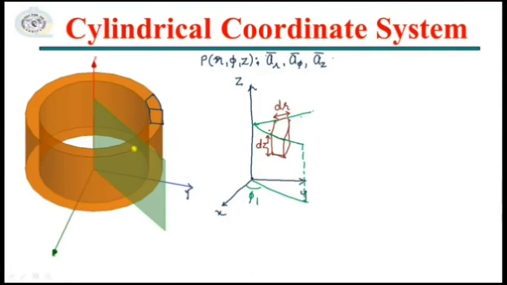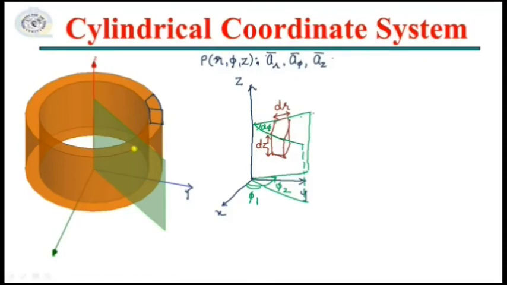Let's say I take the projection below here, and this is your phi 2 with respect to the x-axis. So you have two angles, phi 1 and phi 2, and this angle will be your d phi. Now this angle is d phi, but what is the differential length along phi? What will be this length?